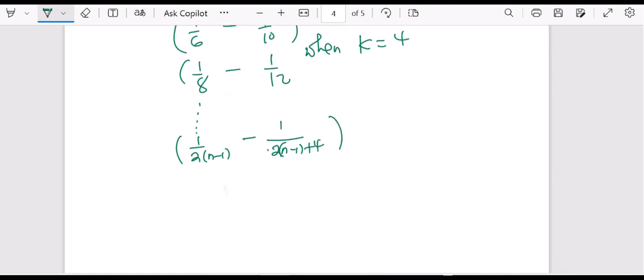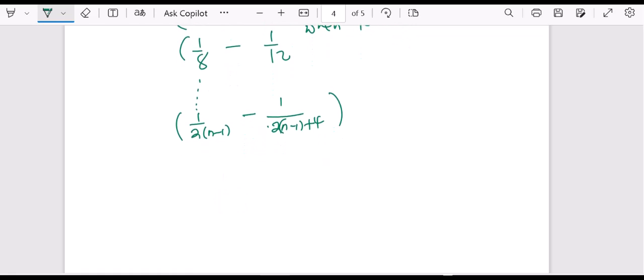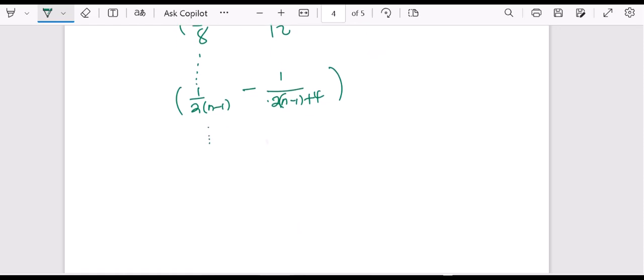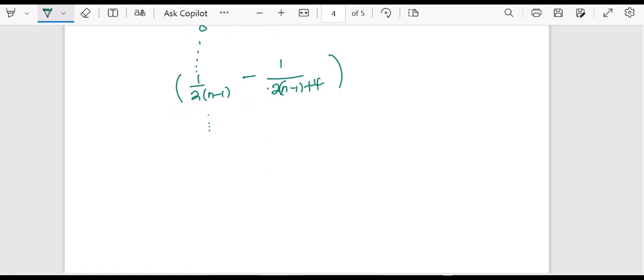And then the last one will be something like 1 over 2 into brackets n minus 1 plus 4 again, and this one, maybe the last one, is just 1 over 2n plus 4, like this.